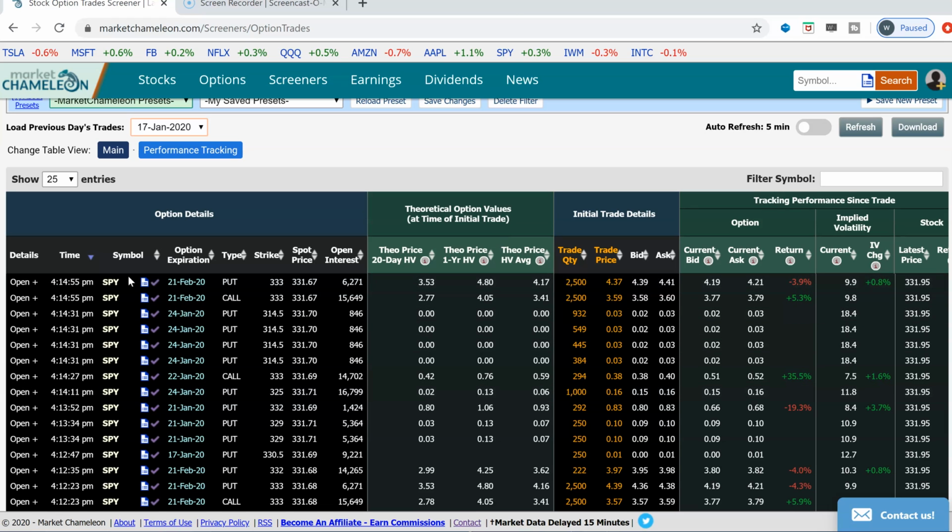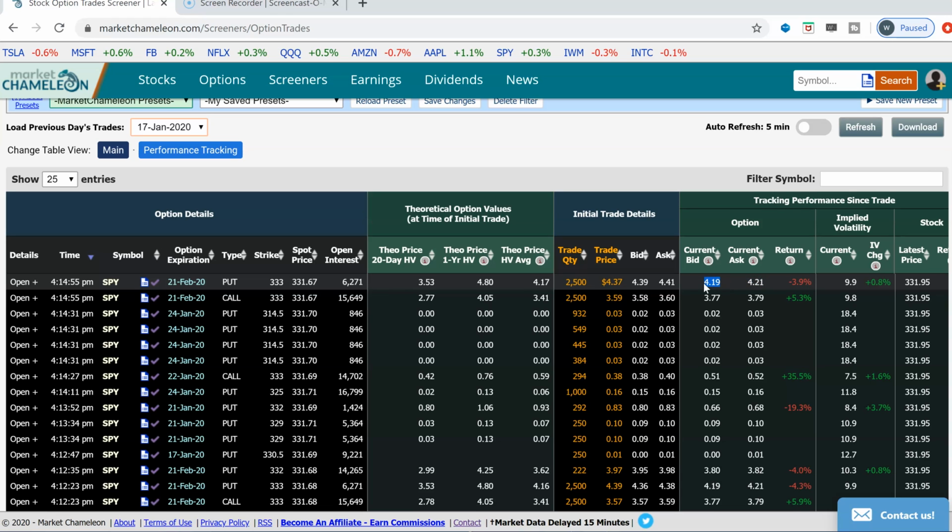Now over here, these are the option details of the trade. You see here the symbol, the time, the expiration, option type, put or call, strike, the spot price at the time of the trade, and the open interest. I'm going to skip these theoretical prices for a second and go first to the initial trade details. So this was the trade, the size of the trade, the price, the bid and ask at the time of the trade, and here's what the current market is.